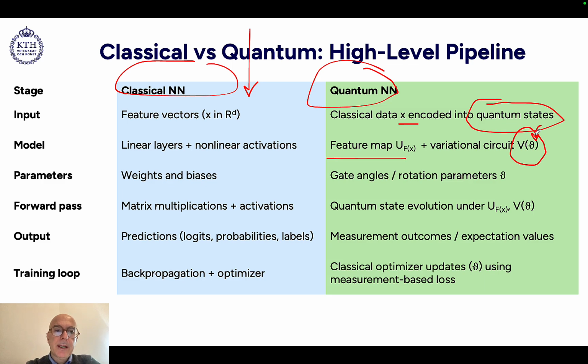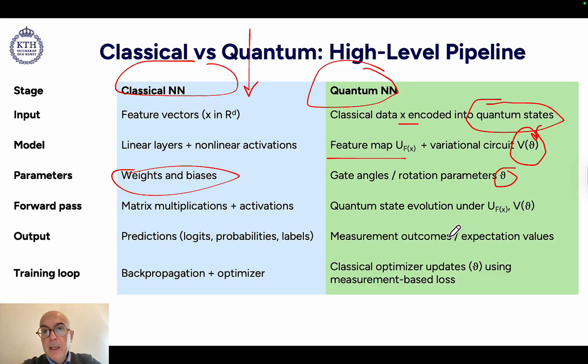Instead of having weights and biases, we adapt and tune theta so we minimize the loss function. The forward pass, which in a classical neural network consists of matrix multiplication and activation, corresponds to quantum state evolution after application of the encoding quantum circuit and the variational quantum circuit.